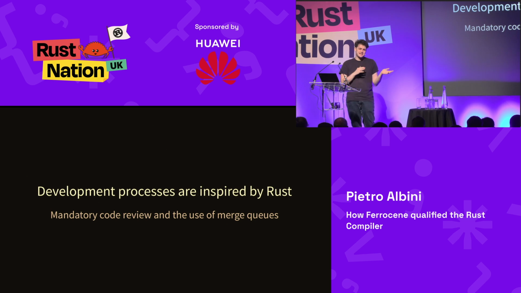And for the development, the easy answer is that we need to have mandatory code reviews for everything, and we use merge queues to test changes. Merge queues in the Rust ecosystem are also called BORS, which is the name of the bot we use.